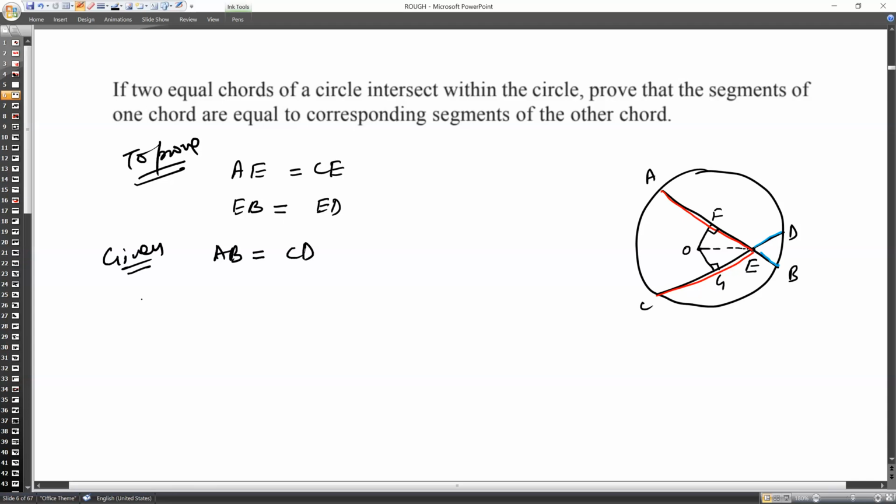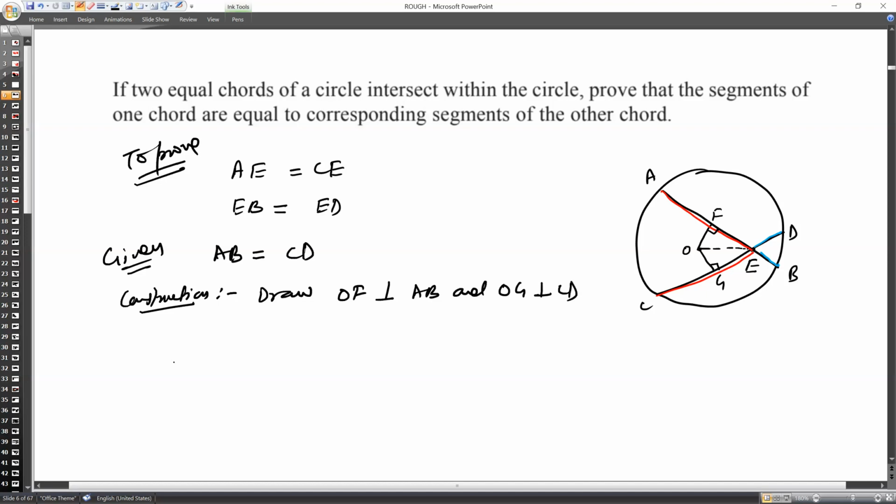The construction: draw OF perpendicular to AB and OG perpendicular to CD.